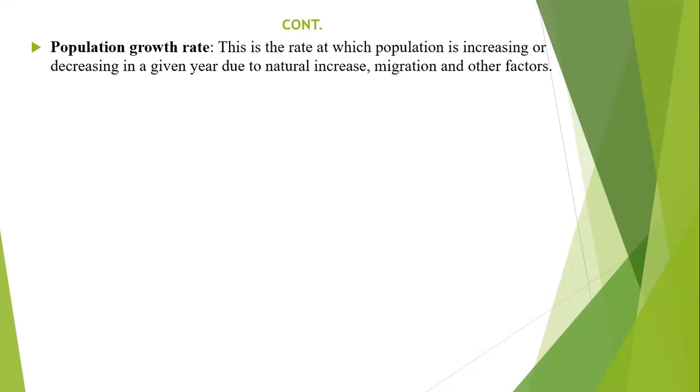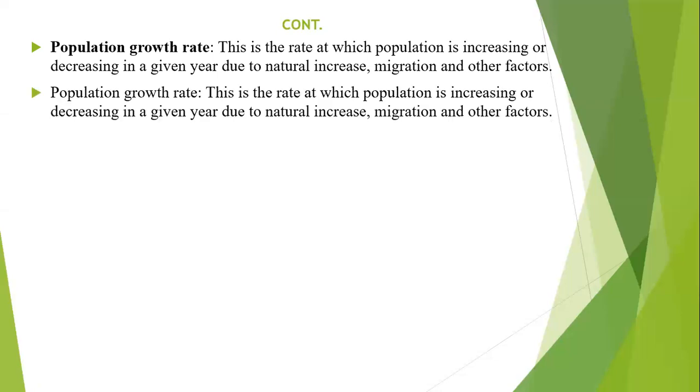Natural increase is just a subtraction of death rate from birth rate. Then migration, you're looking at how many people are moving in and how many people are moving out of the country. So that's how you can tell the growth rate. You use those parameters to look at population growth rate.